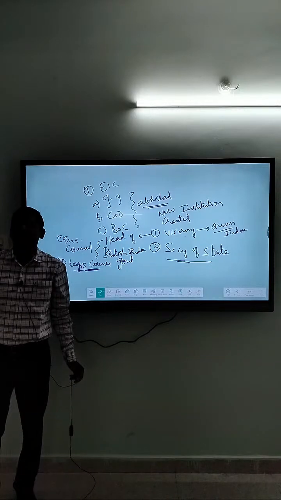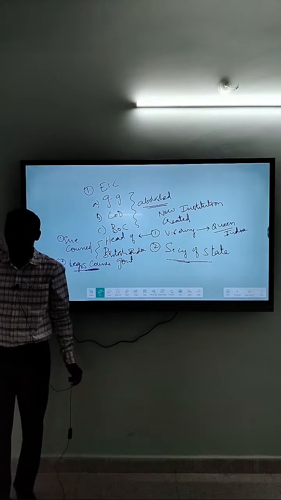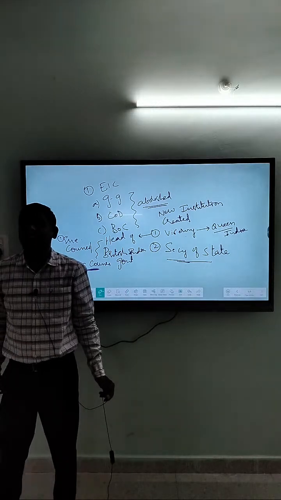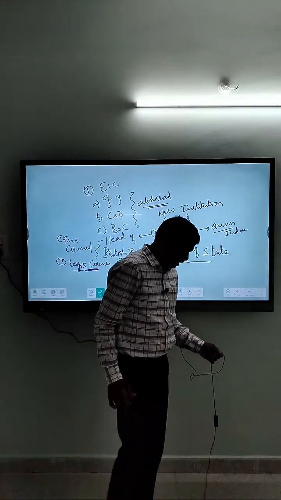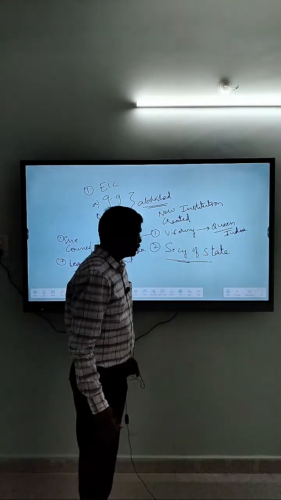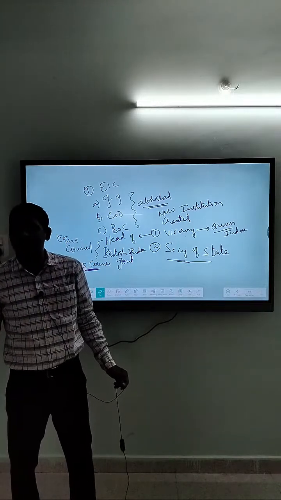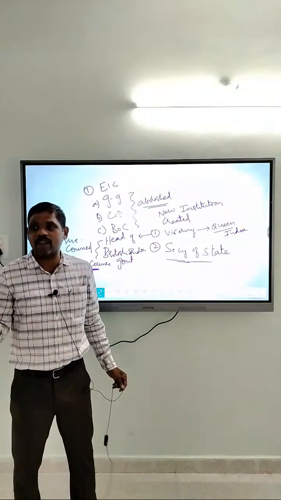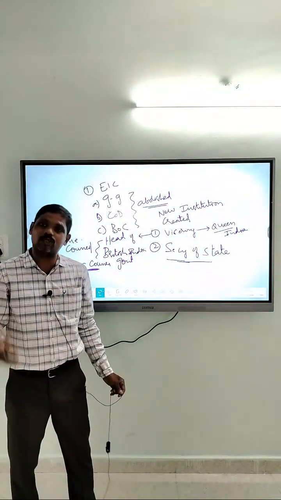Who was the chairperson of the first law commission? It was Lord Macaulay. Always try to revise on a day-to-day basis, because I have the habit of asking questions, because I want everyone to be serious about the exam.